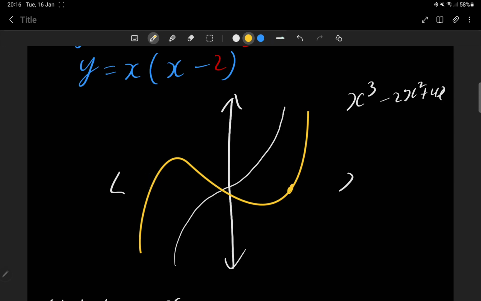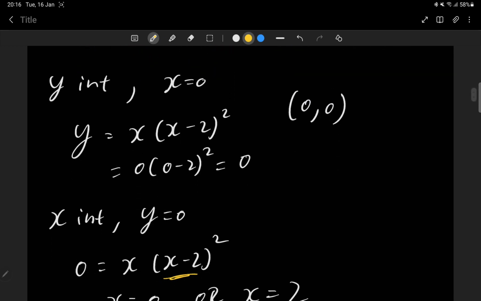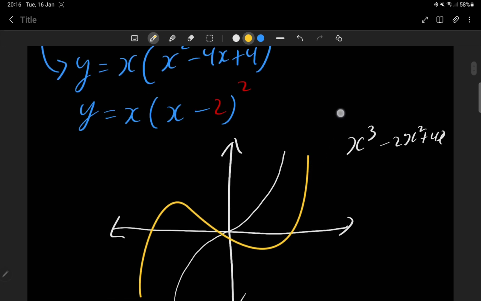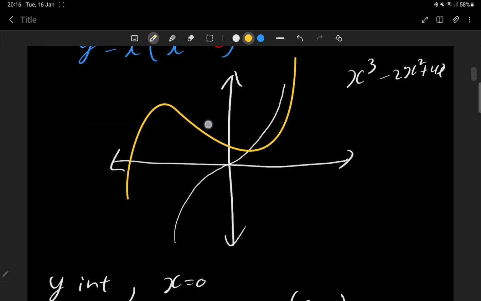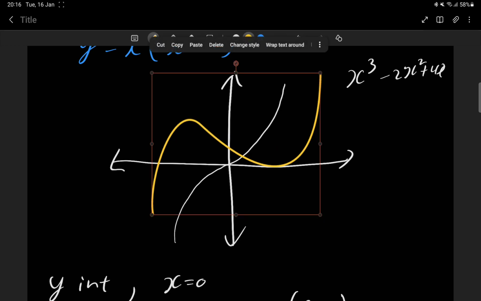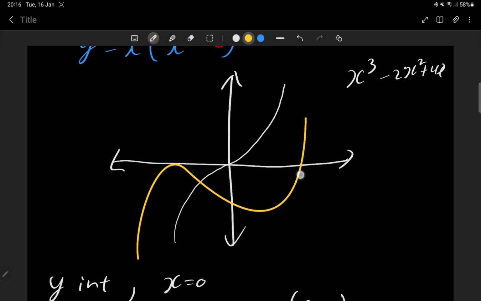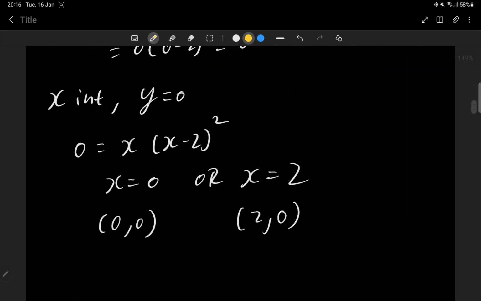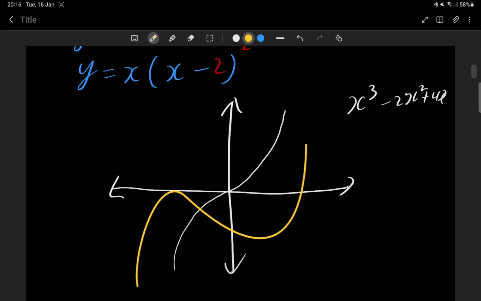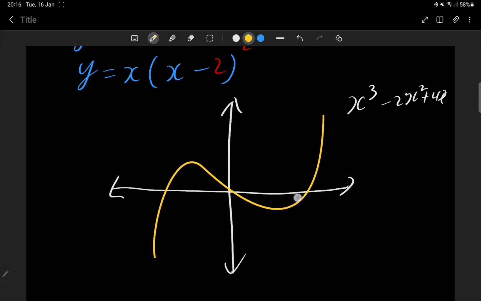But if you ever see a squared here, what that means is that it's going to be either something like this, where it touches at x equals 2, or something like this, where it touches at the exact peak here, like let's say minus 3, for example. Because the intercept happens at a positive x, we know that the general shape of the graph is going to look something like so.